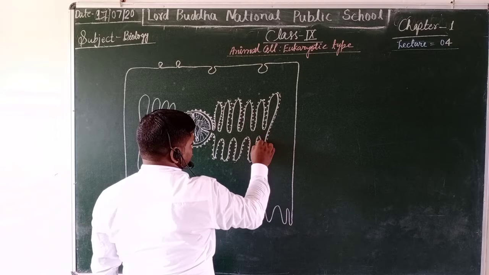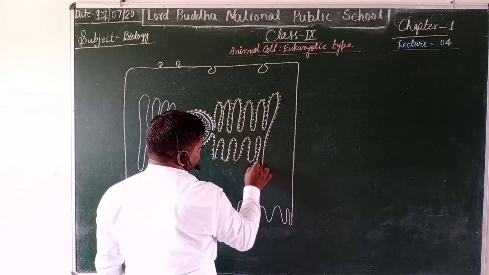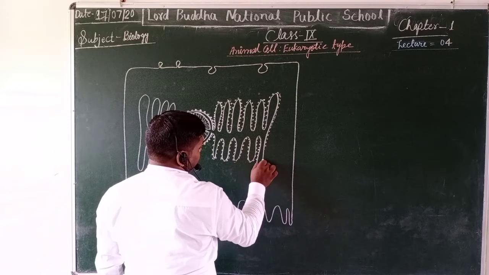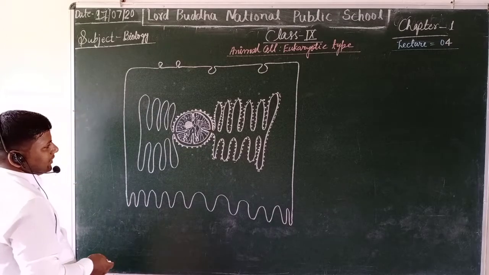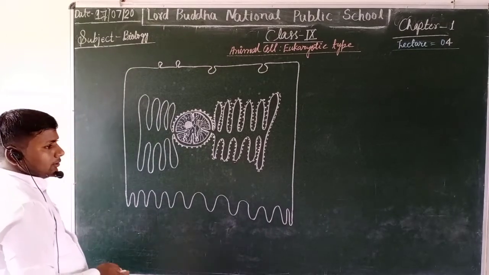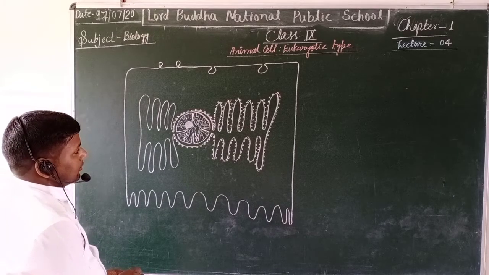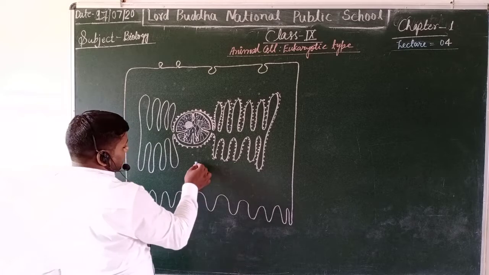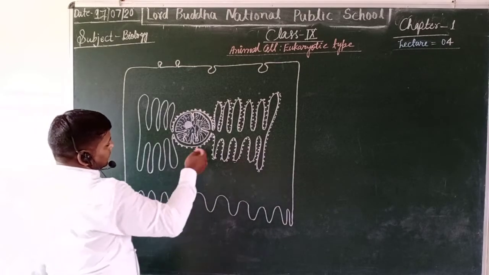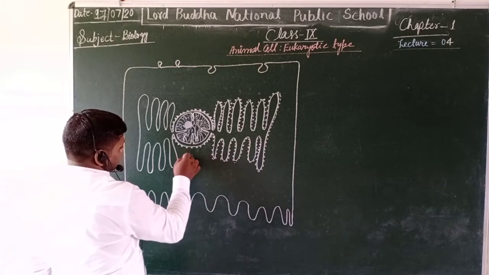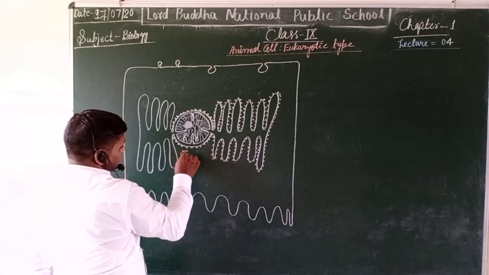Likewise the plant cell, except for the cell vacuole and chloroplast, all other kinds of cell organelles are present in the animal cell, as well as centrioles. This is a mature animal cell.